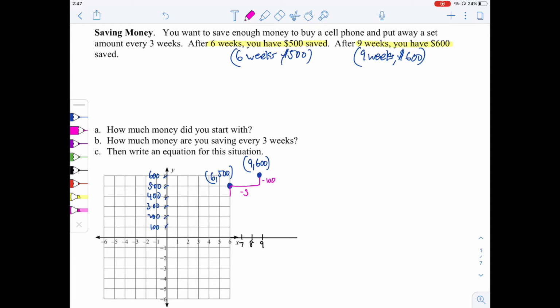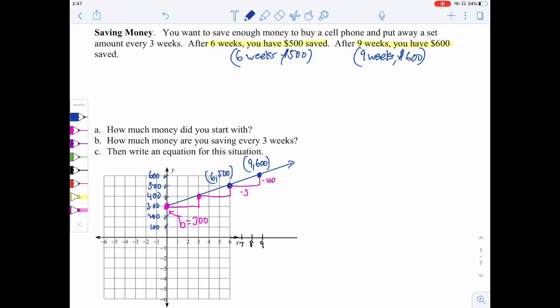We went down 100, left 3 weeks. Here's another point. Down 100, left 3 weeks. And then we get to our y-intercept, which is our initial value. So our y-intercept, or our b, is 300, because that's our initial value on our graph.